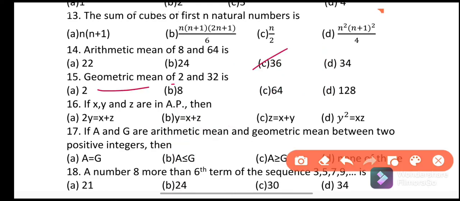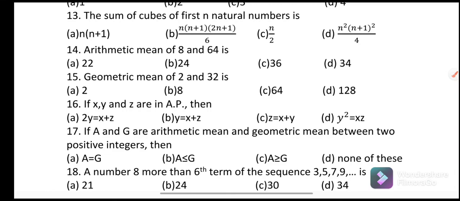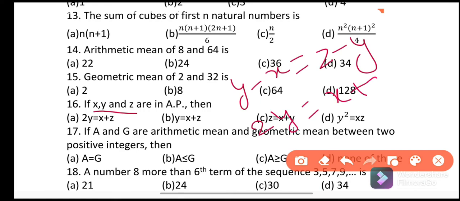Next, the geometric mean of 2 and 32, that is under root of 64. So B is the correct option. Next, 16. If x, y and z are in AP, then y minus x is equal to z minus y, that is 2y is equal to x plus z.